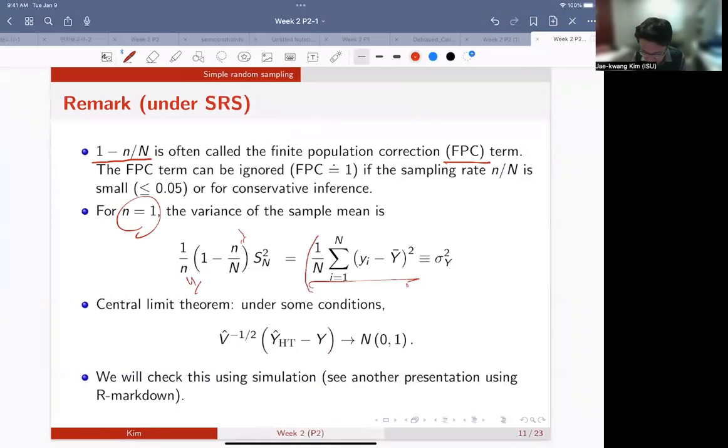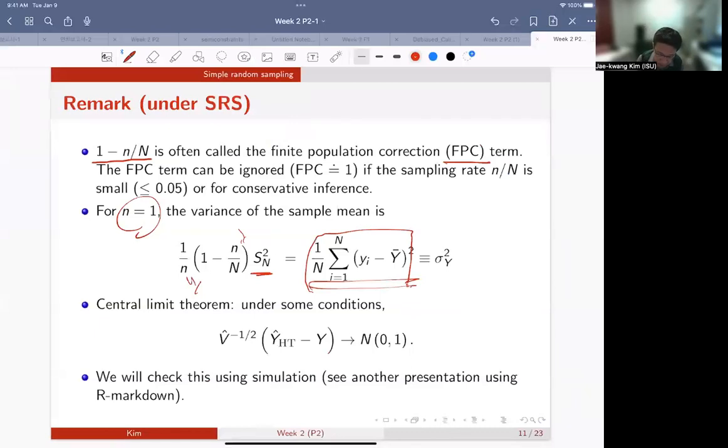So the meaning of this quantity is the sampling variance of a single sampled element under simple random sampling. That has a sampling variance interpretation. This S squared does not have a statistical interpretation. It's just a definition, just a mathematical term. But this guy has a statistical interpretation.